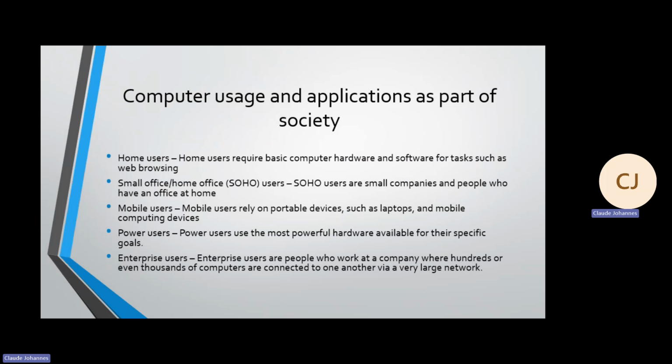Then we have mobile users, which is basically for portable devices such as laptops and mobile computing devices. Power users have powerful hardware available for their specific goals. And then the enterprise, where people work at a company where hundreds or even thousands of computers are connected to one another via a very large network. Almost similar to this particular classroom.